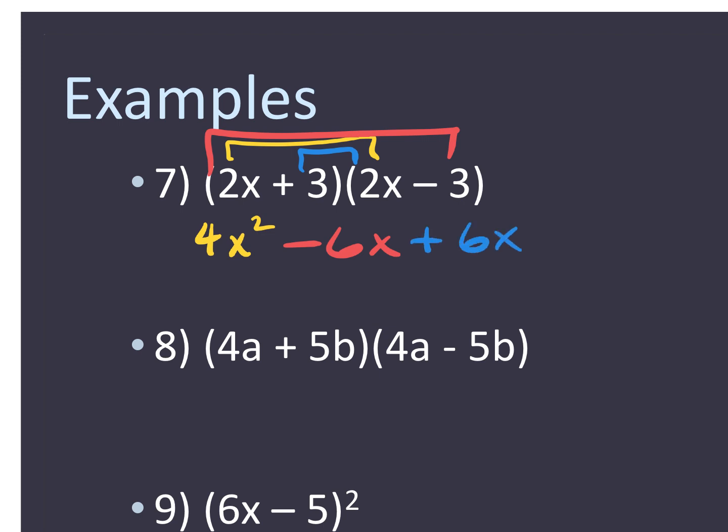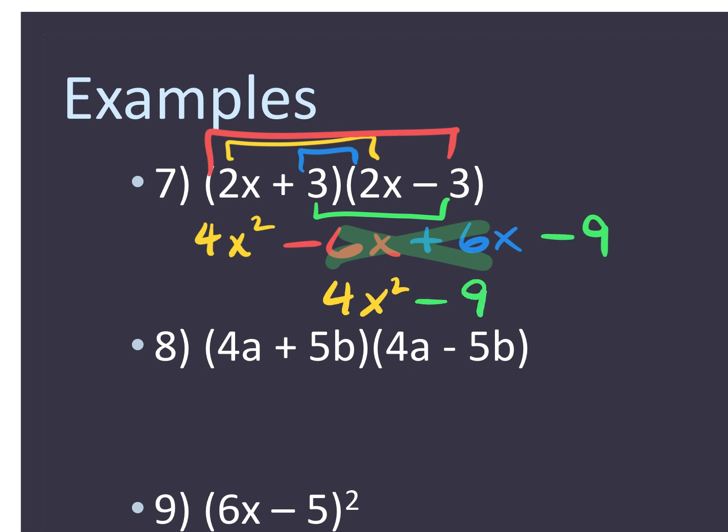And then finally, the last term, which is positive 3 times negative 3, gives me negative 9. Notice this one, the middle terms canceled out. They'll cancel out here. So this goes away. And then you're left with the difference of two squares, the 4x squared minus 9.